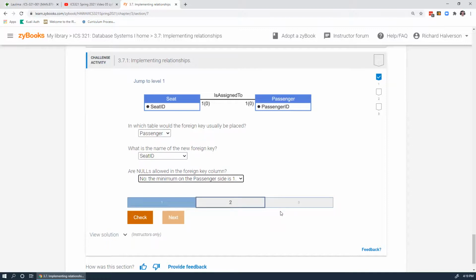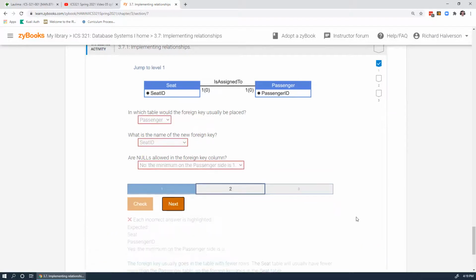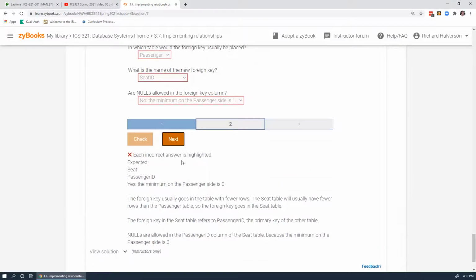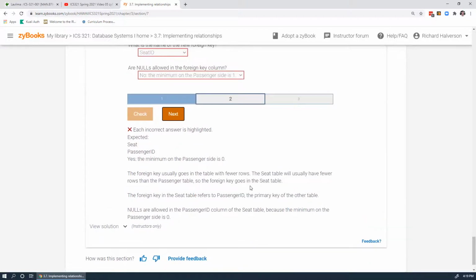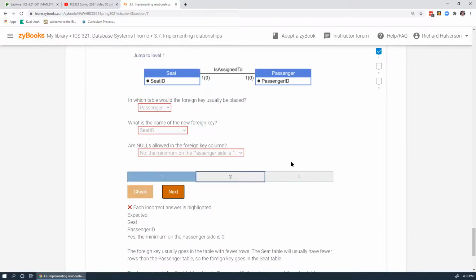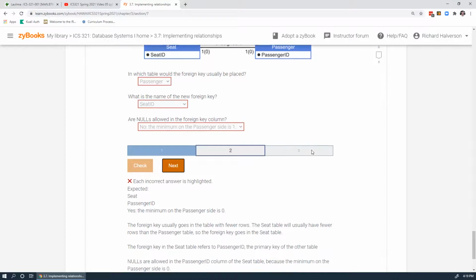No, the minimum. Okay. This is my answer. No. Each incorrect answer is highlighted. That means each one of these is okay. Well, if you get one wrong, you're going to get all the rest of them wrong.